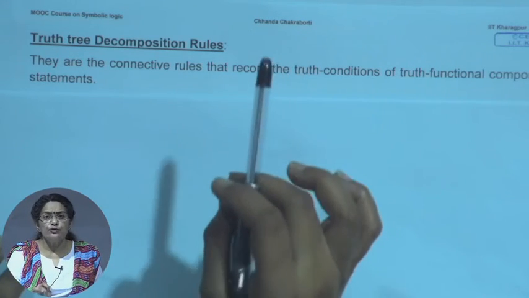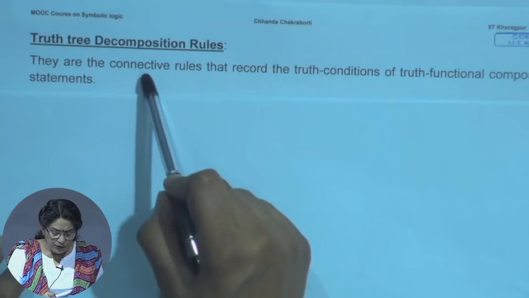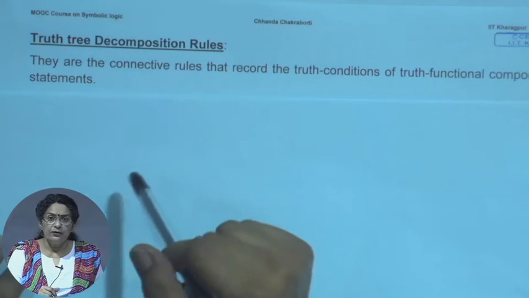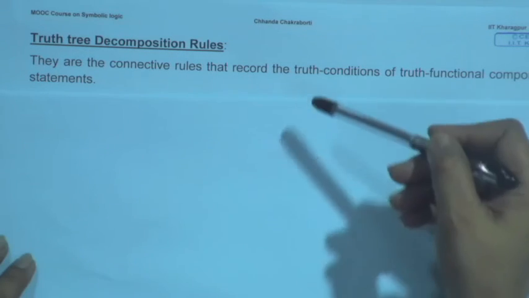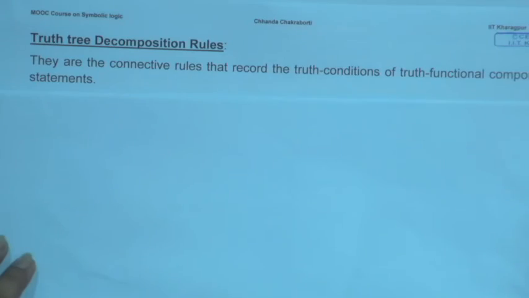So, when you take the connective, you are breaking it into what makes that connective true, which conditions would make that connective true. If you recall your truth tables, the connectives' truth tables, for example, tilde, horseshoe, wedge, dot and horseshoe, you will have no problem at this point.